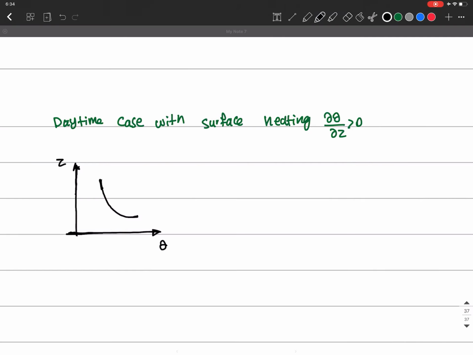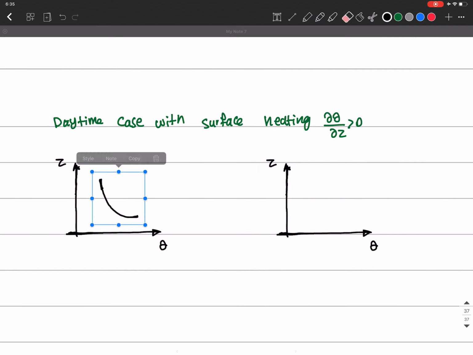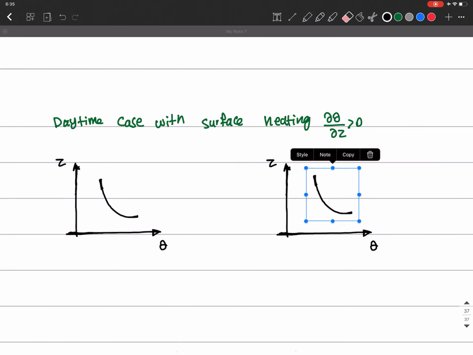So what is going to happen here? We are going to have two cases similar to the other one. First, let's investigate when an air parcel goes up, and then the second time when it comes down.